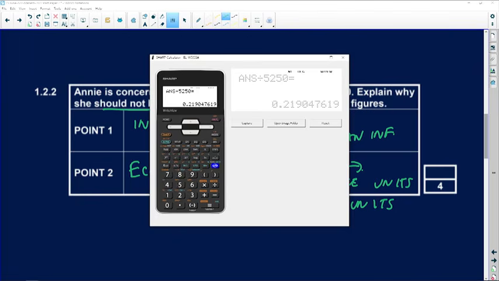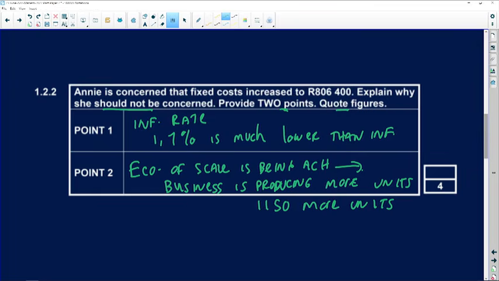Okay, let's times that by 100. So we can see the business is producing 21.9% more. So the production has increased by 21.9%. Okay, so Annie, don't stress, right? You don't have any reason to be concerned. Okay, right, let's move on.